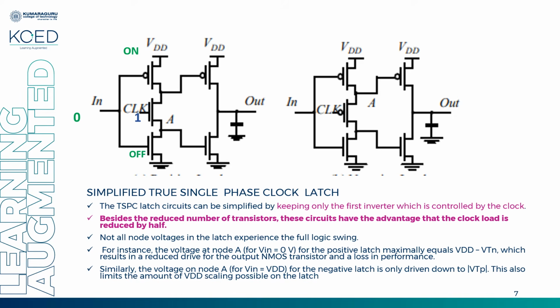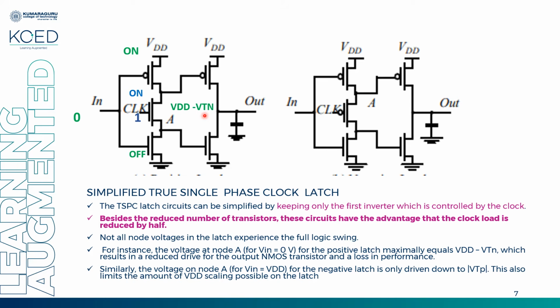Since the PMOS is on, it will conduct and provide VDD at the output. Now I have VDD at the output, but what is at node A? This node A is the driving point of the next transistor. At this node you will see there is only VDD minus VTN. So this will not turn on the next NMOS.